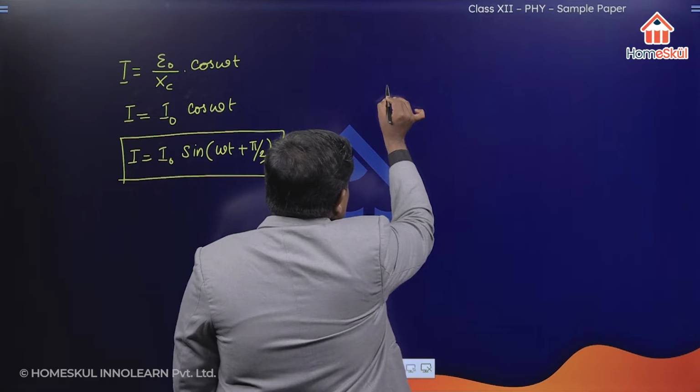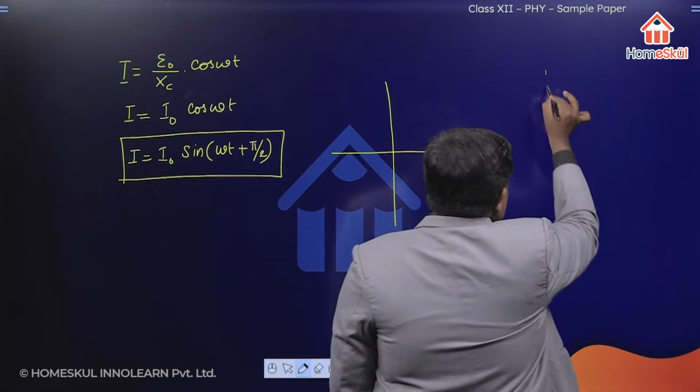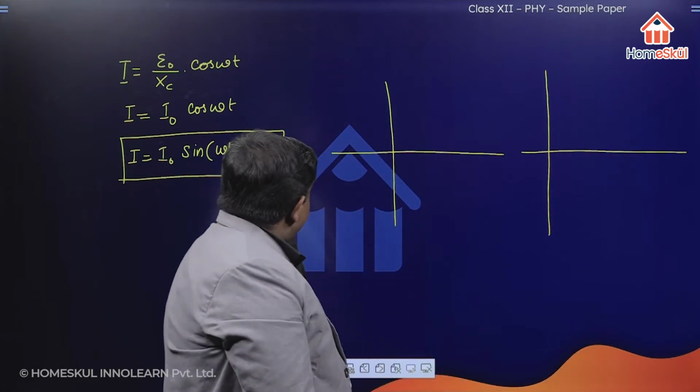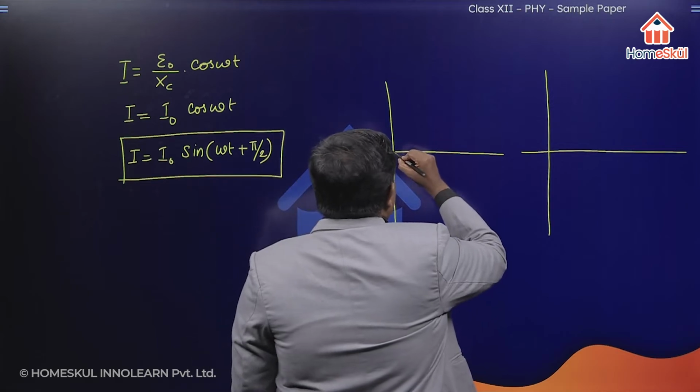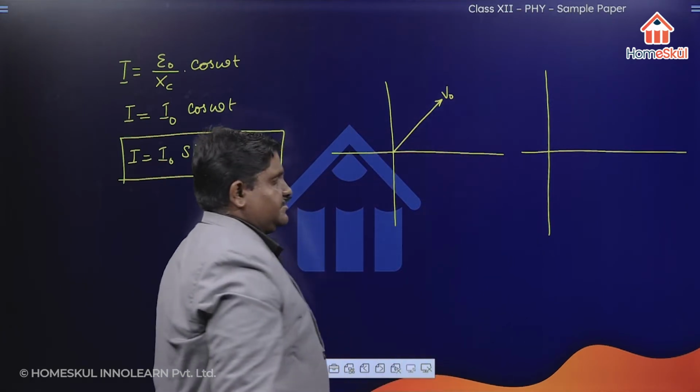For that, first of all, we have to draw the phasor. After that, we have to draw the waveform. Let us take the maximum voltage V0 in the first quadrant.